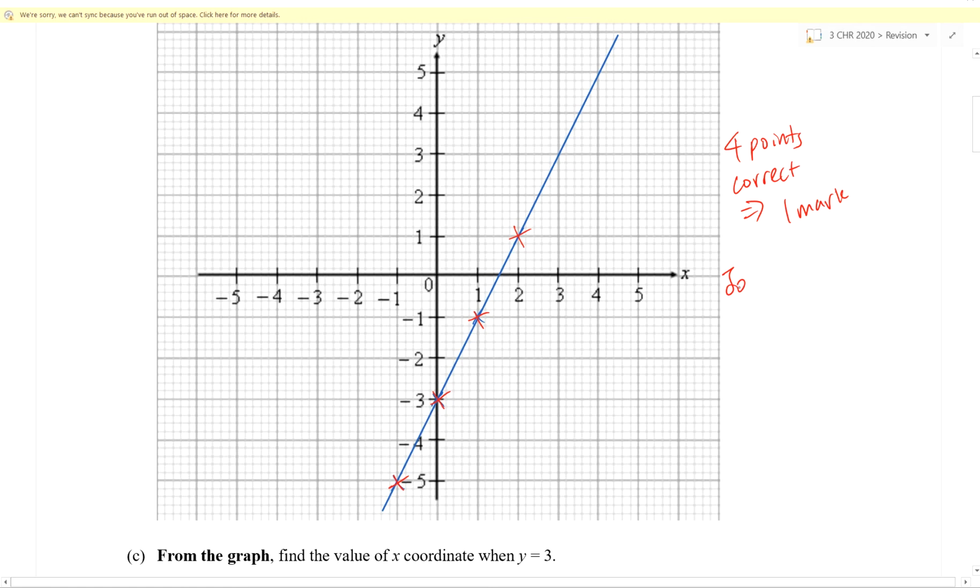Then when you join with a straight line, you get 1 mark. So this question, part B, total of 2 marks. You can mark with a green pen or red pen, it doesn't matter, as long as it's a different color from your work.